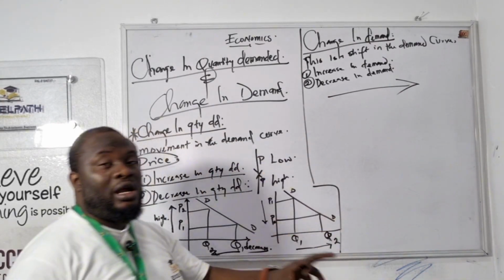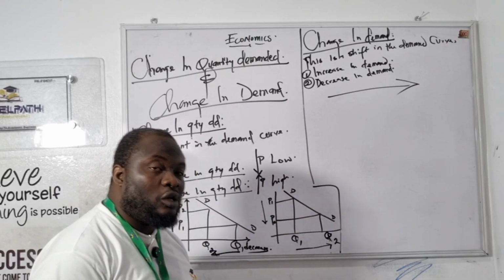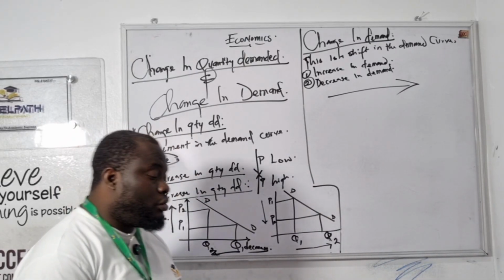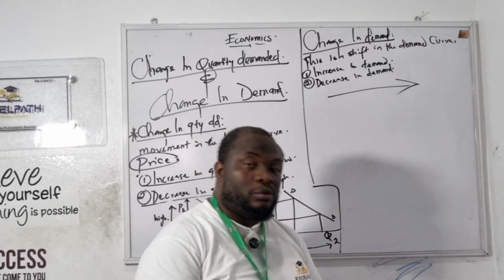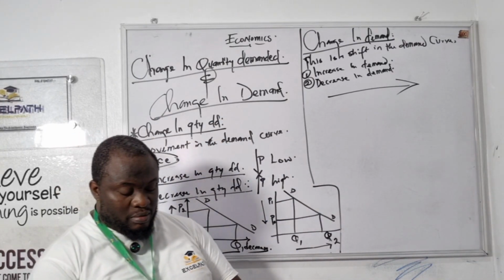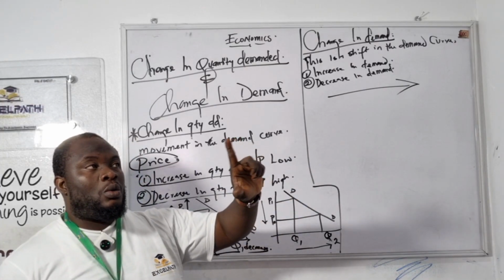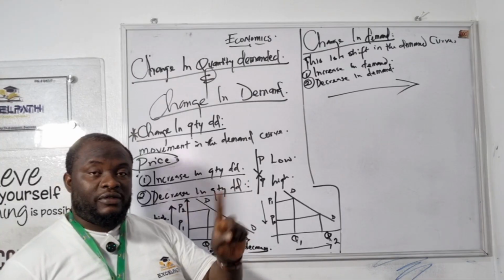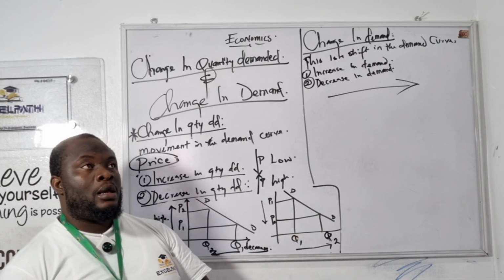Now, it is when all other factors affecting demand are favorable to the consumer. Meaning that, let's take one of those factors, like income of the consumer.